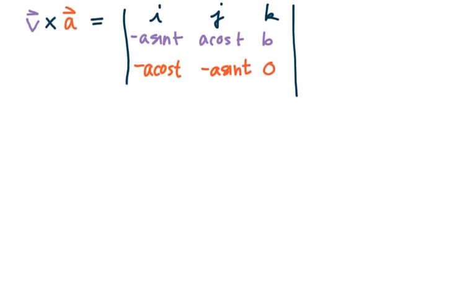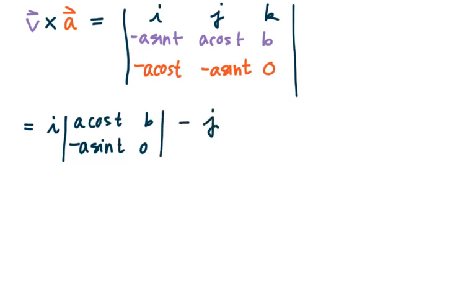So in order to calculate this cross product, I'm going to get i times the determinant of a cosine t, b, negative a sine t, 0, minus, remember there's always a minus there, j.